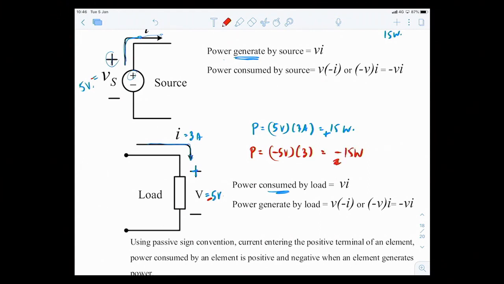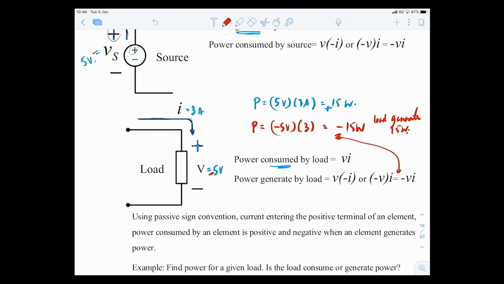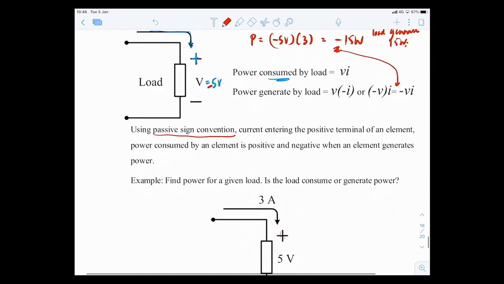The answer is negative, so it means that this load, this rectangular thing, generates 15 watts. So to say whether it is consuming, supplying or generating, you have to look also at the direction of the current flow. Please be careful, because this is the passive sign convention.